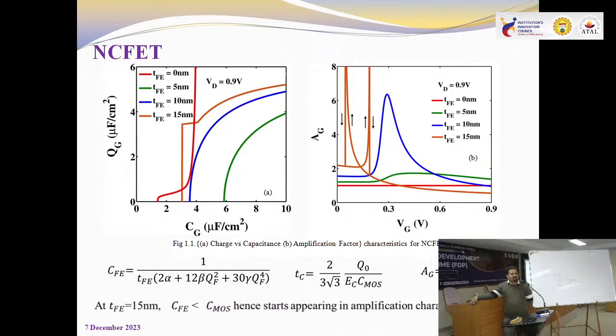And when TFE equals 15, they are not equal actually. Just see this brown characteristic. It has gone ahead, so it becomes lower. CFE becomes lower than CMOS. Whenever this condition happens, that CFE becomes more than CMOS, there will be hysteresis in the device.